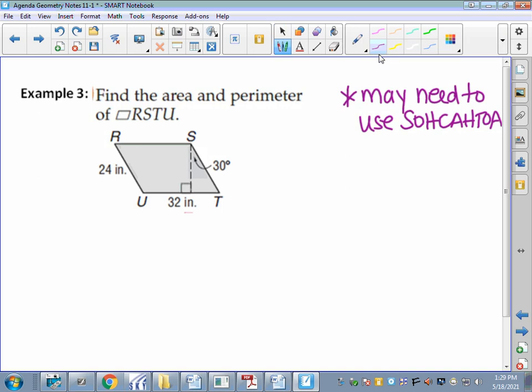I feel like we can easily find the perimeter, right? Add up all 4 sides. One of the rules that we know is opposite sides are congruent. So if I'm going to add up all 4 sides, I've got 2 sides that are both 32 and 2 sides that are both 24. You can type that into your calculator however you like, but I believe the perimeter is going to come out to something like 112 inches.